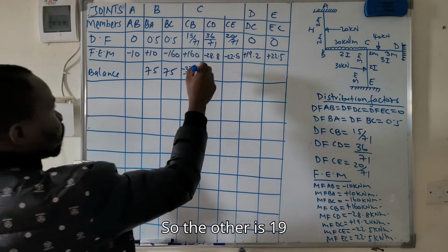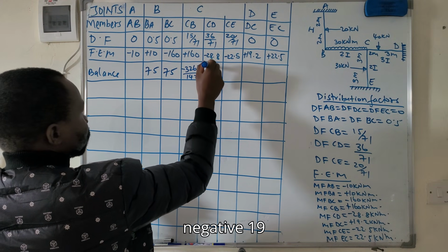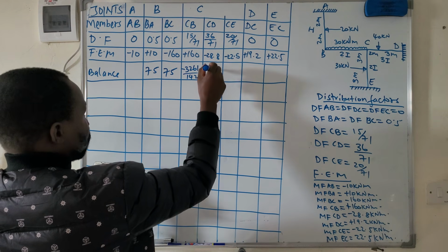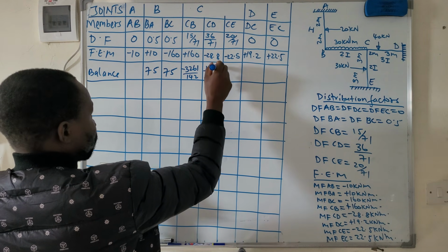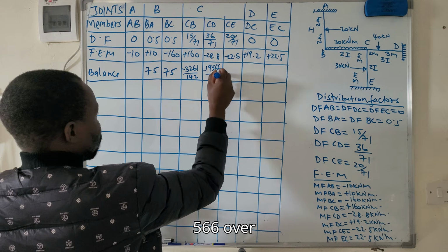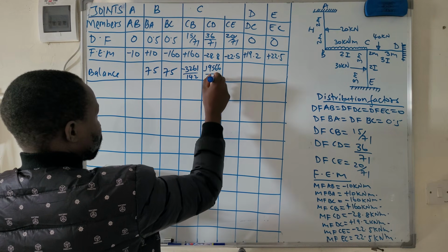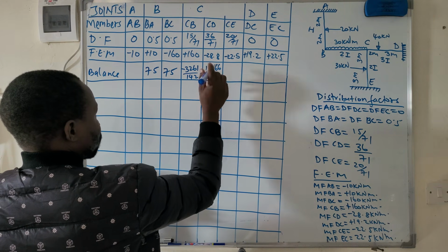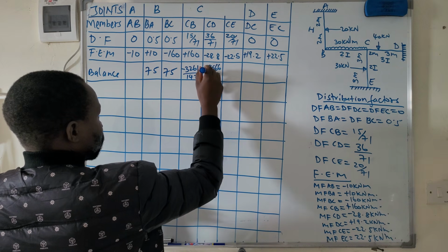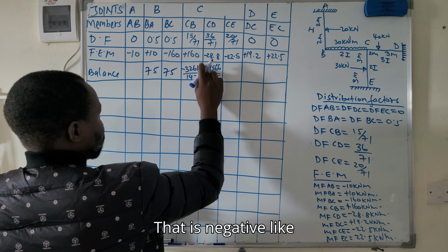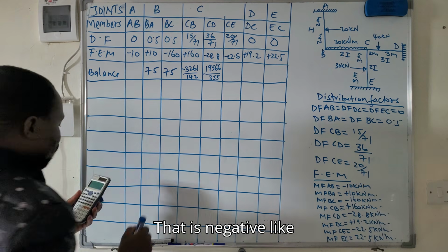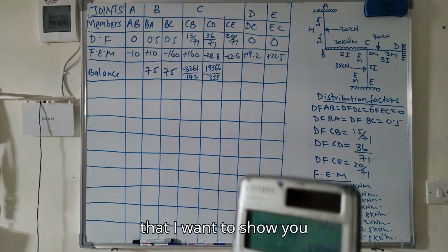So the answer is negative 19,566 over 355. That is negative, like that. I want to show you.